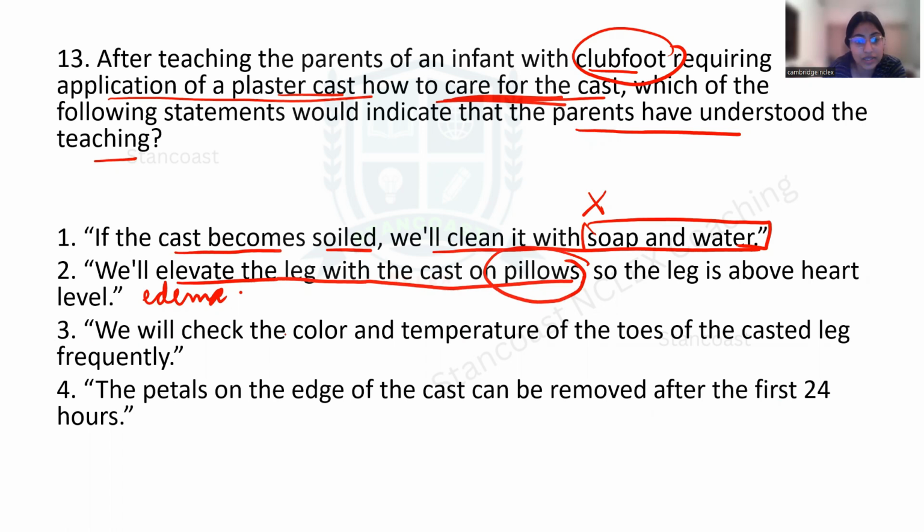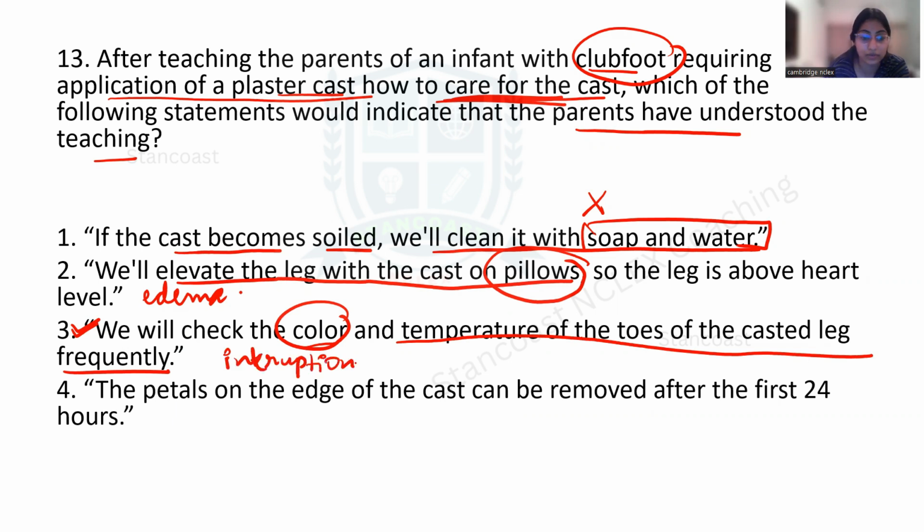Option 3 says, we will check the color and temperature of the toes of the casted leg frequently. Now, this option seems to be the correct option. Why? Because we know that the cast is applied on the foot. There can be some kind of interruption in the blood supply due to the cast. In rare cases, there can be necrosis also.